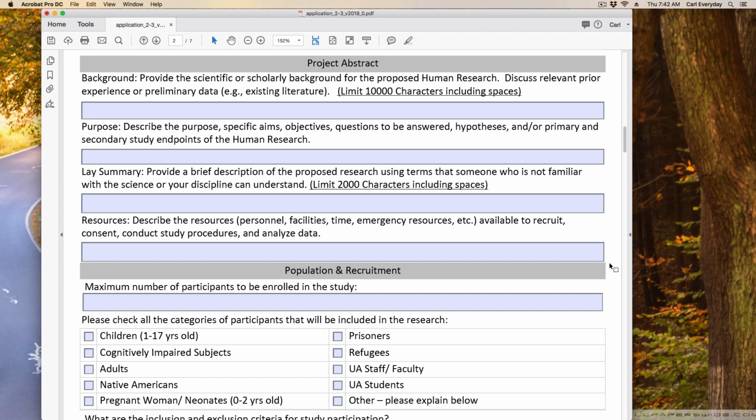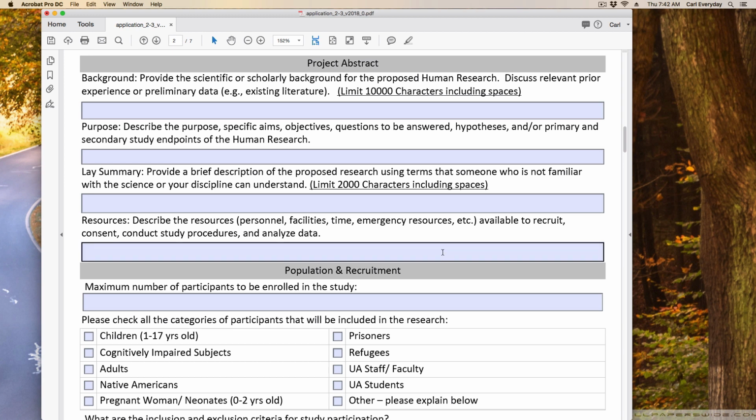Then under lay summary, in 2,000 characters, you give a brief description of it again. I've tried copying pieces of the background because I write in a very lay summary kind of way. They're having none of that. You cannot copy over pieces. It needs to be a completely different description that is even more simple than the one you provide in background.